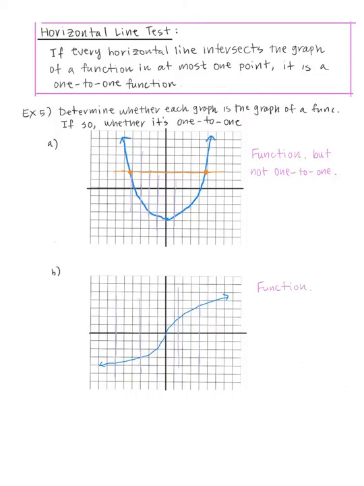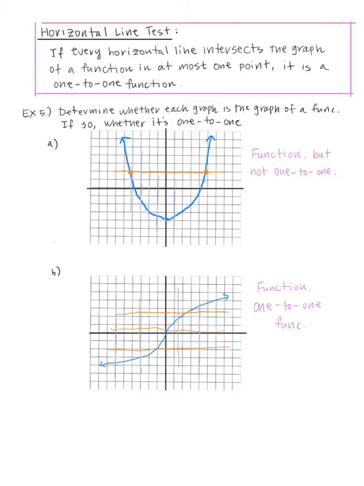We say that it's a function because it passes the vertical line test. Now, does it pass the horizontal line test? Well, I think it does as well, because any horizontal line that you draw along the graph is going to intersect the graph at only one point. So in this case, it is a one-to-one function. So I'm going to put 1, 2, 1.